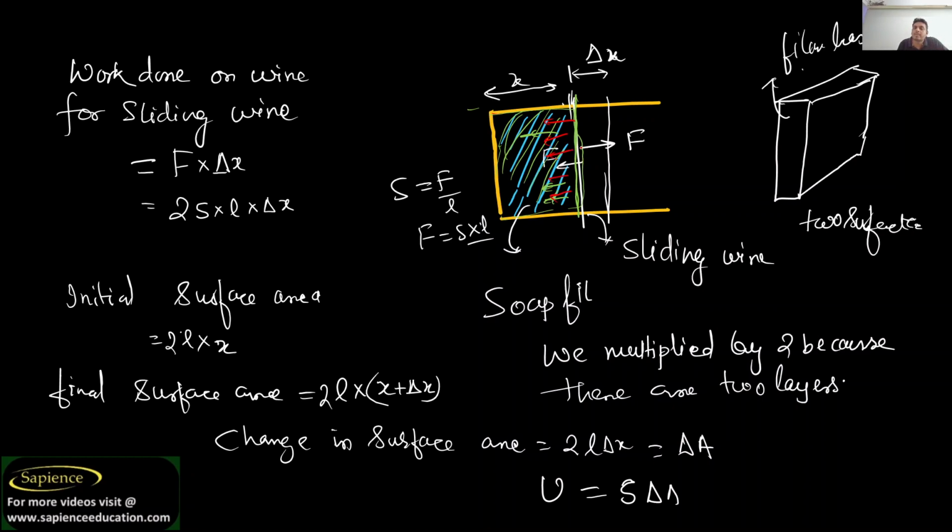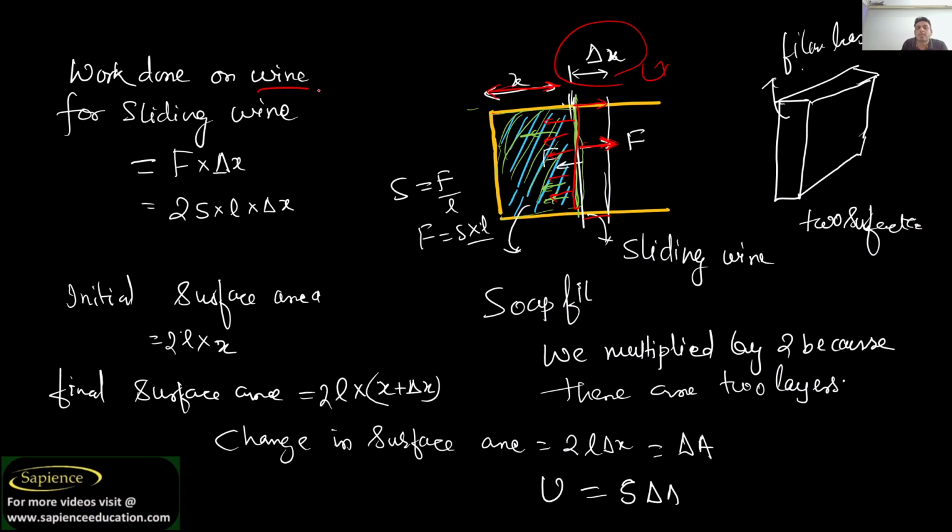So what will happen when we apply a force? We have to do work. Suppose earlier it was at a distance of x, and when we apply a force it gets displaced, right? So when we apply a force and it gets displaced, it means that we are doing work, okay.